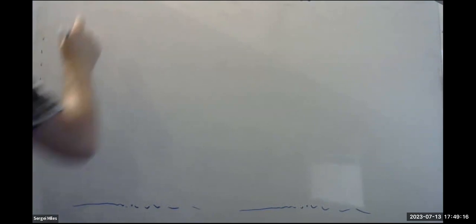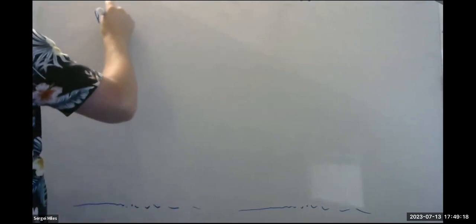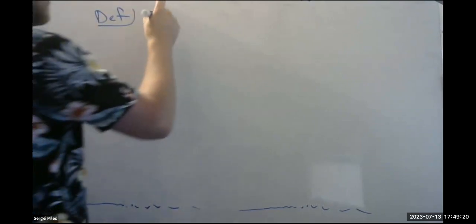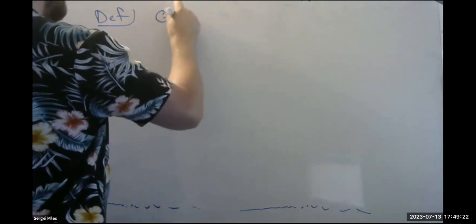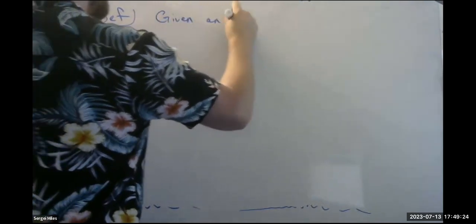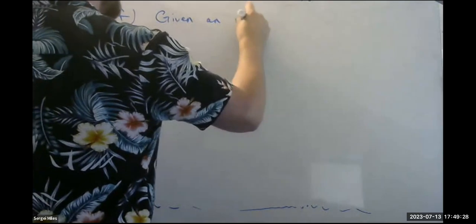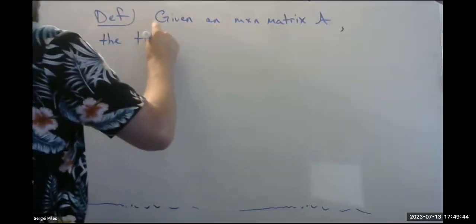The transpose says, so definition, given an M by N matrix, if M and N happen to be equal, right? So what is the transpose?